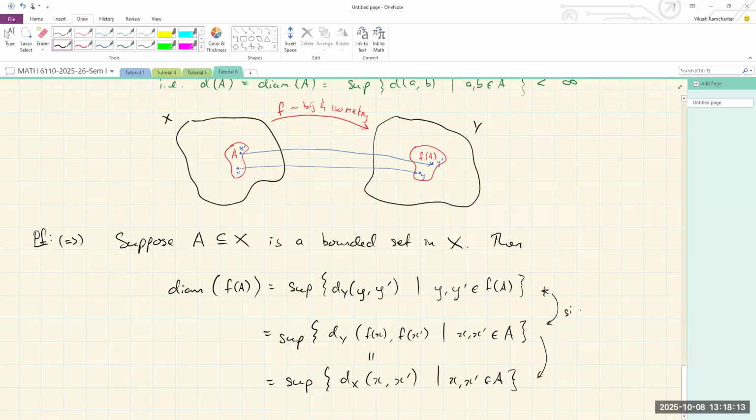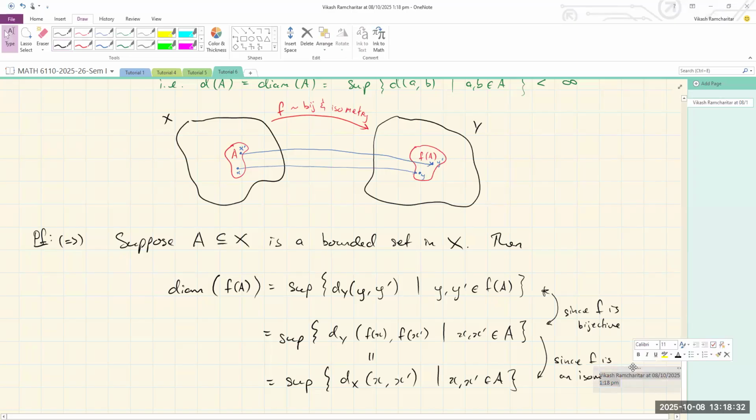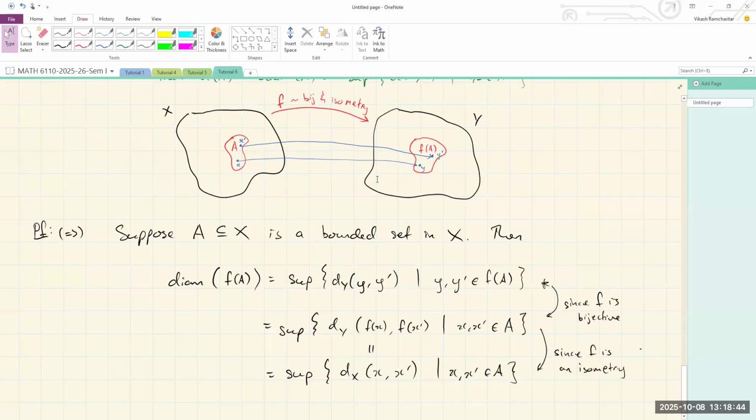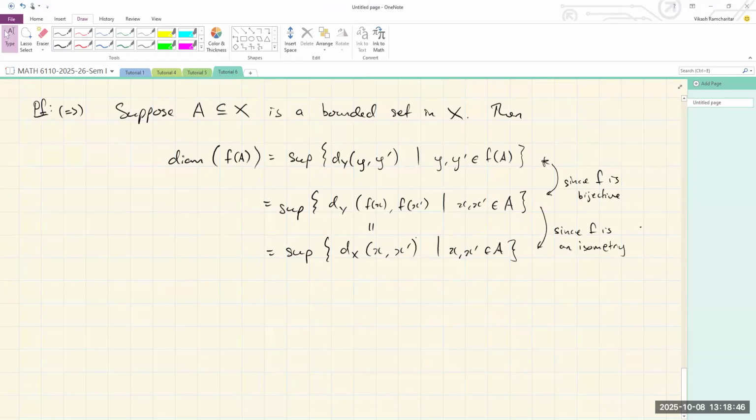So I could say since f is bijective, that's what I was using to go from that line to this line. And this one I was using since f is an isometry. So that's the picture I had in my head, and that's the picture you should have in your head when you're doing these things.